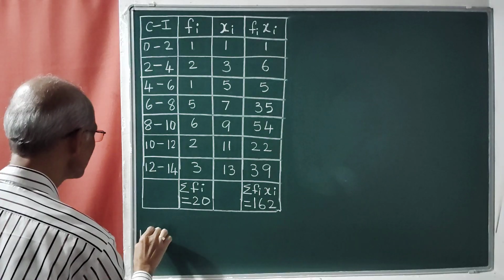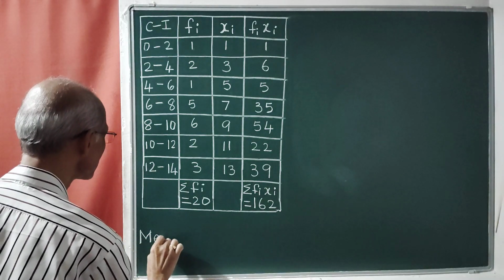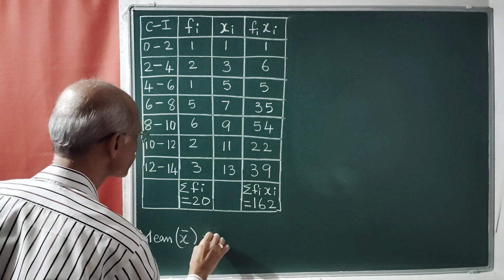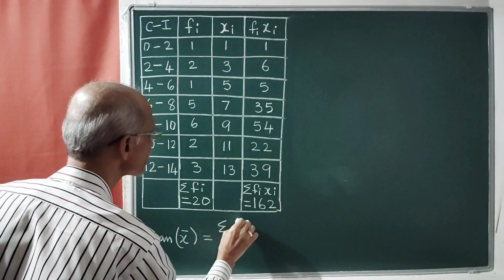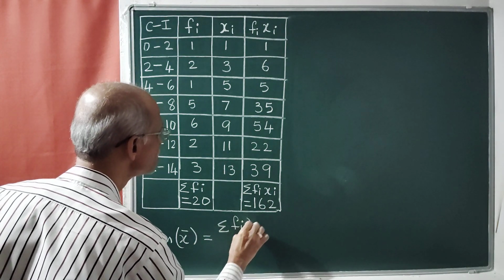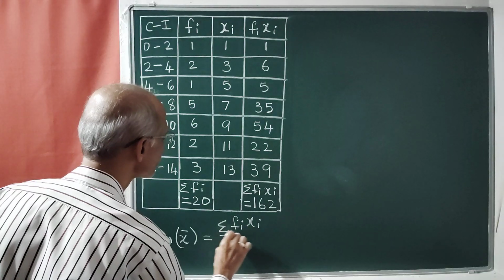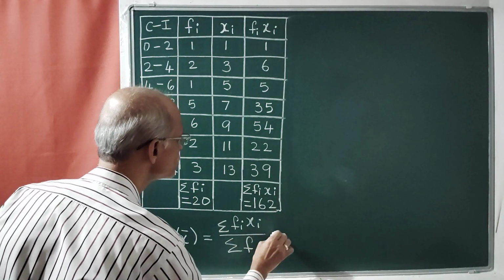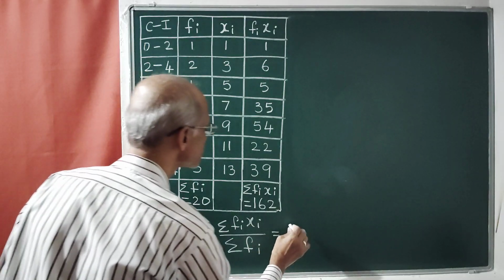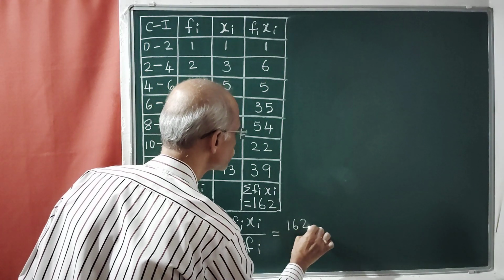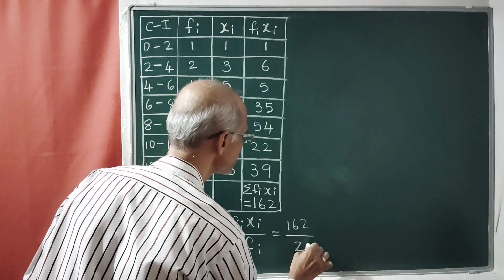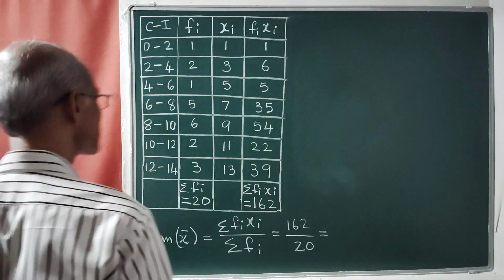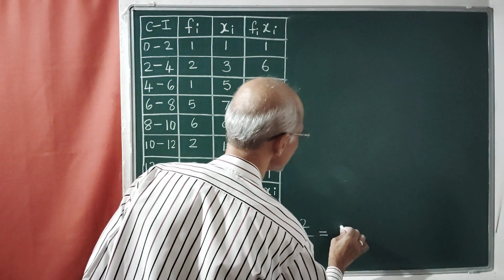Now we'll find the mean. Mean is equal to sigma fi xi by sigma fi. Here it is 162 divided by 20. That is 8.1.